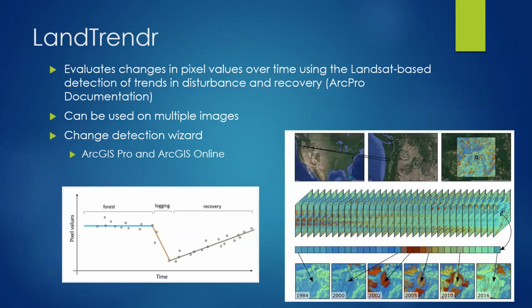And on top of filtering out the magnitude of change, there's also the disturbance and recovery that it tracks. Now, in the bottom left, we see just a quick example of a graph of a forest. And as the graph dips down and has a logging event, we notice that it's disturbance. And as the graph starts to trend upwards, we start going into a recovery period.